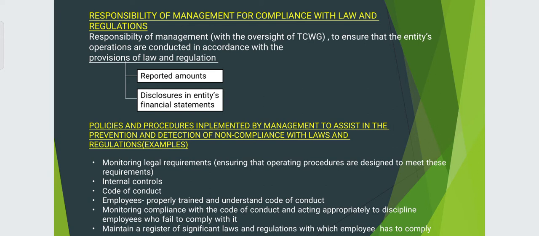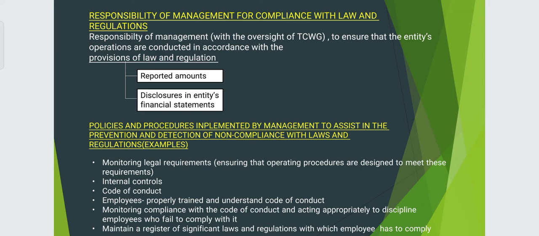And the last one is that management can also maintain a register of significant laws and regulation with which employees have to comply. So these are a few examples of policies and procedure that can be implemented by the management to assist the duty of management, that is preventing and detecting the non-compliance.